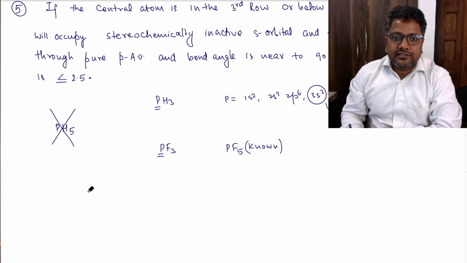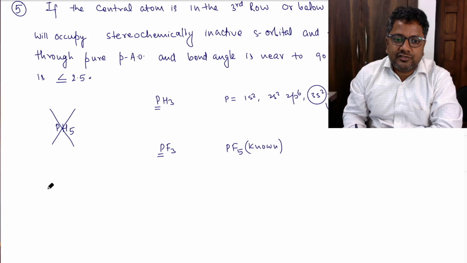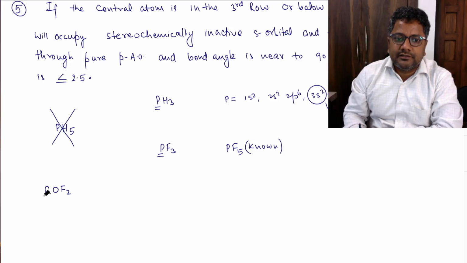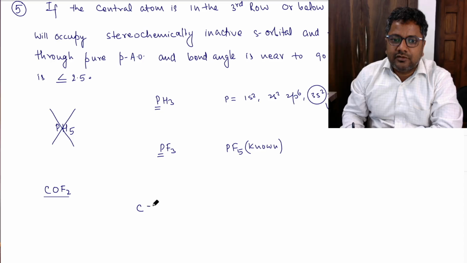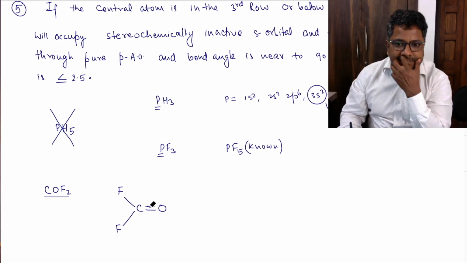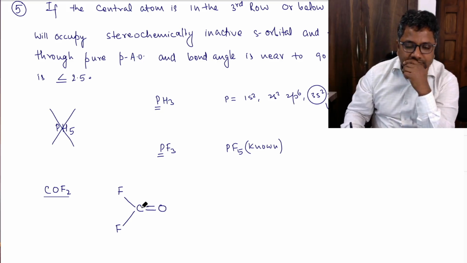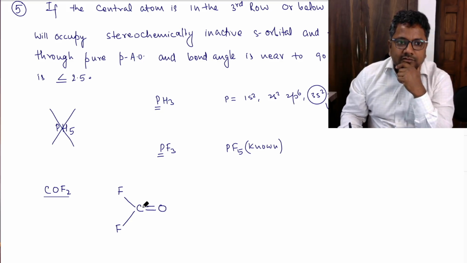Suppose you have the molecule COF2. If you draw the structure, you will find C double bond O and the two F atoms. This is a pi bond, right?